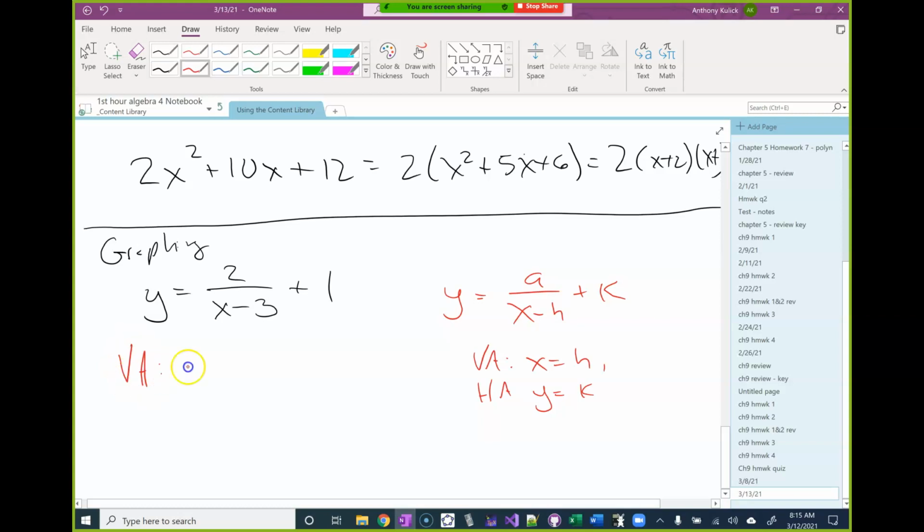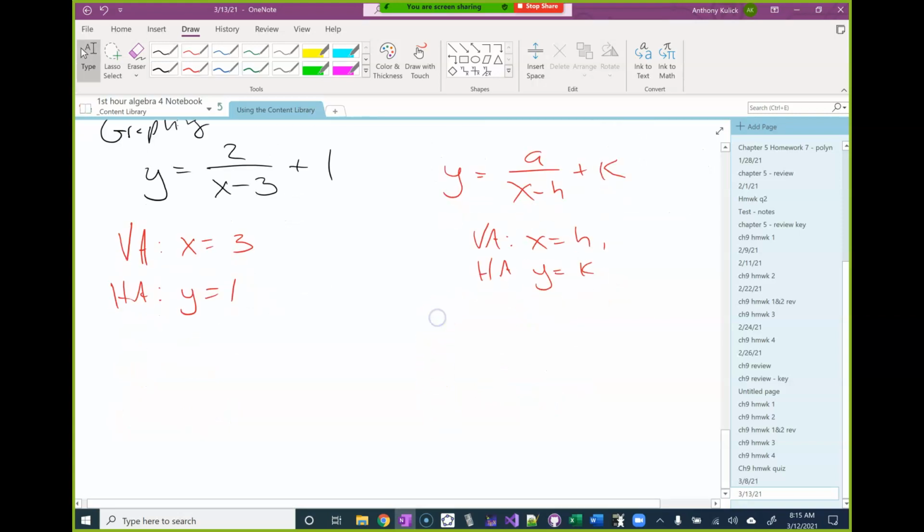So in our situation, the vertical asymptote is 3. So far so good there? Okay. So the domain is basically everything except that vertical asymptote. And the range is everything except for the horizontal asymptote.